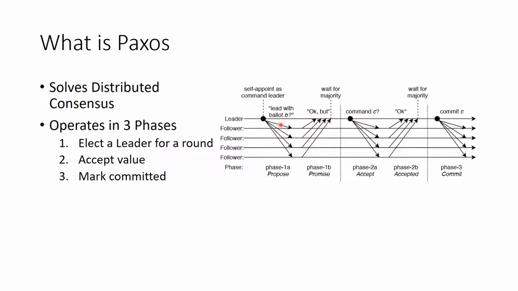If there is such a value that needs to be recovered, it has to be that value learned from phase 1. And finally, for the purpose of the replicated state machine, the leader is going to tell the followers to commit this operation, so that the followers can apply it to their state machines. So these 3 phases constitute the meat of how Paxos operates in many of these distributed databases, like Cockroach, Google Spanner, and so on.